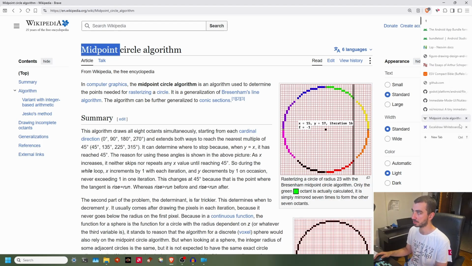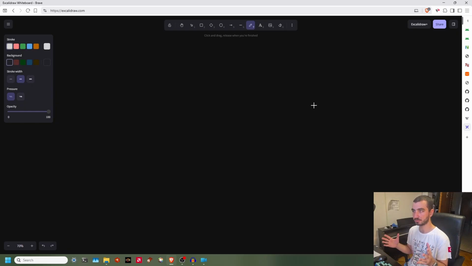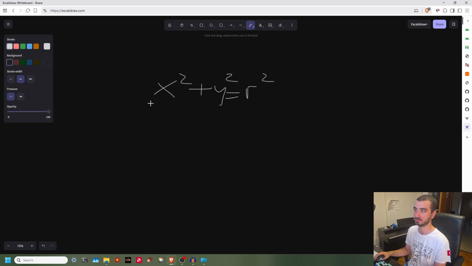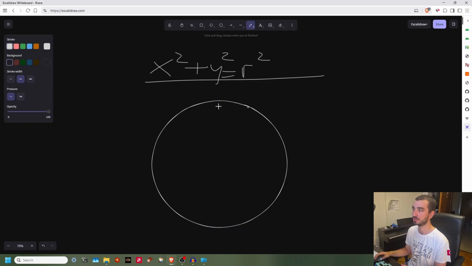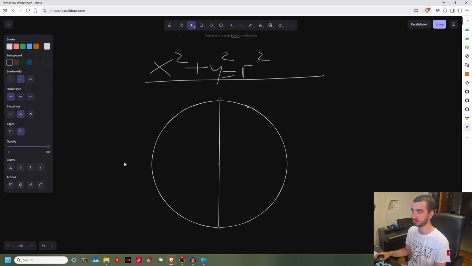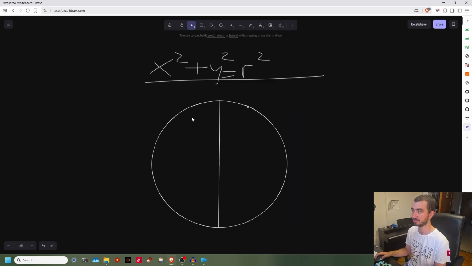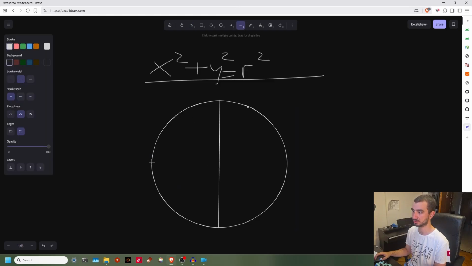So the whole algorithm relies on basically one equation, and that is this equation. This is how you get a circle's radius, right? So everyone, I hope, knows this. And so we have a circle, right? And we're going to take a look at its coordinate system.